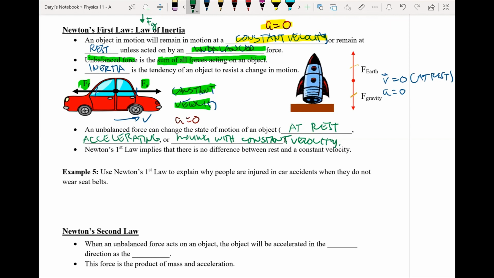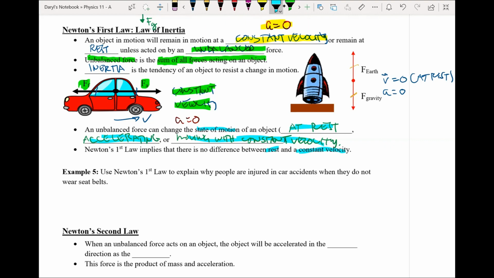So state of motion. So when you say state of motion, state of motion could be at rest, accelerating, or moving with a constant velocity. So Newton's first law implies that there is no difference between at rest and constant velocity.